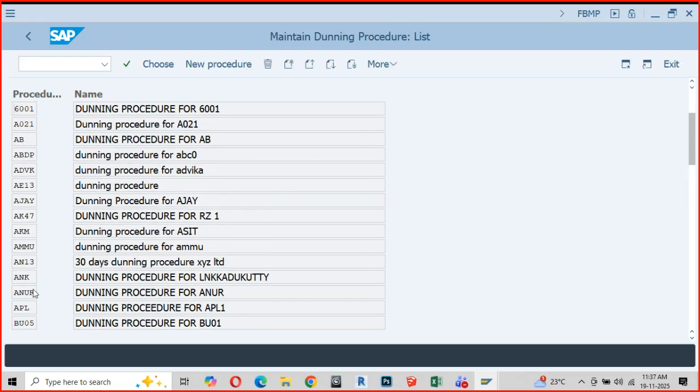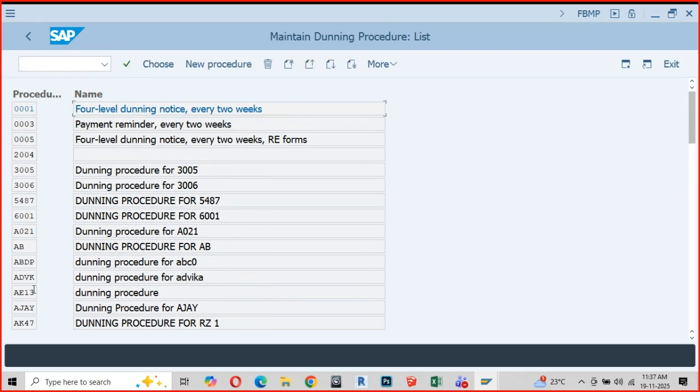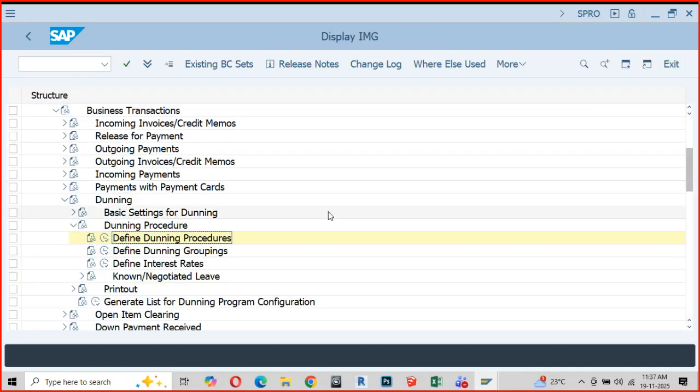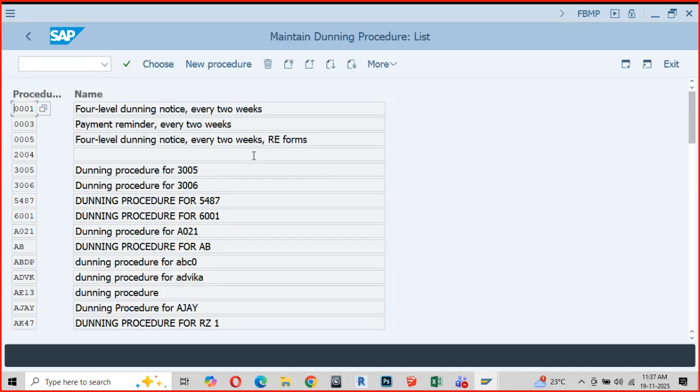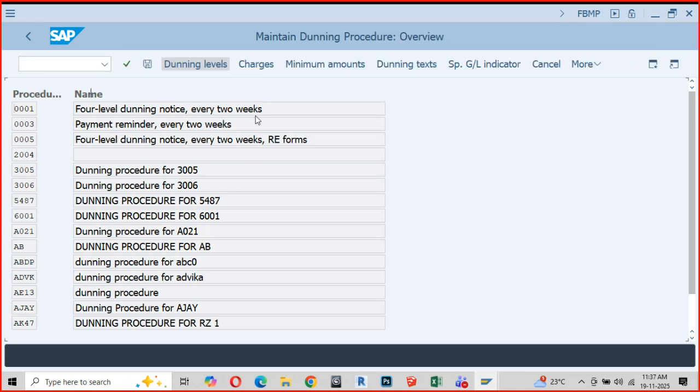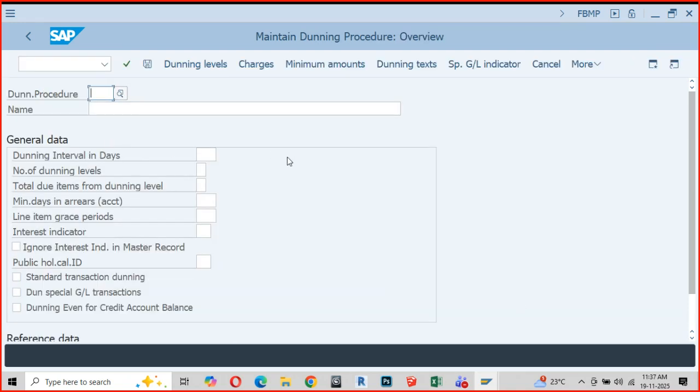As long as I am able to successfully tell you what the process is all about, I'm more than happy. And as I've already shown, as a consultant I would go to the new procedure, give all the business information and save.